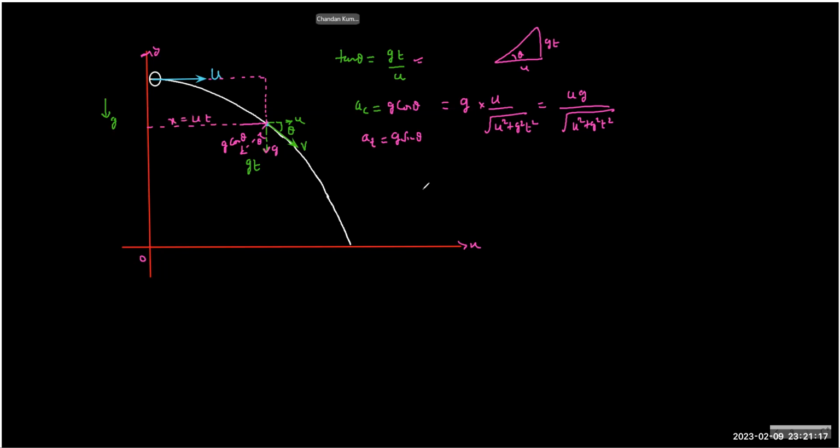So I can clearly write x equals u t. And to write your y coordinate, because this is h, we know that you will descend by how much in time t? Gravity will bring you down by how much? Half g t square, isn't it? So what is your y coordinate?